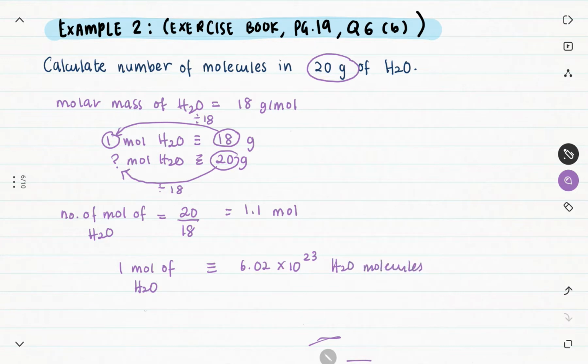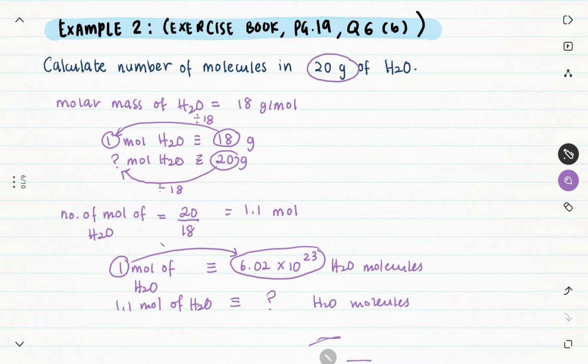So right now you have 1.1 mole of water, equivalent with how many water molecules? So 1 to become 6.02 means that you need to times with 6.02 times 10 to the power of 23. So below you also times with 6.02 times 10 to the power of 23.